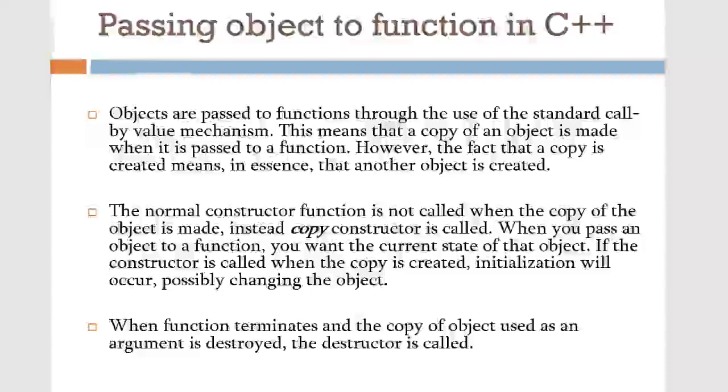The third point: when the function terminates, the copy of the object used as an argument is destroyed, and the destructor function is called. So there is another function called a destructor. A constructor is used to construct something and a destructor is used to destruct something. But what does it destruct?